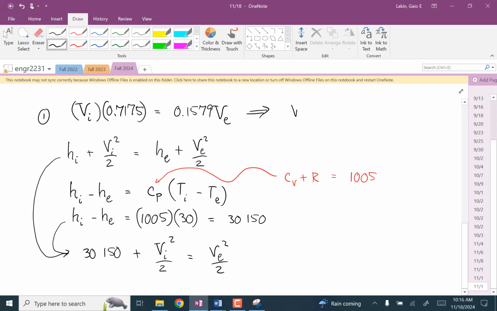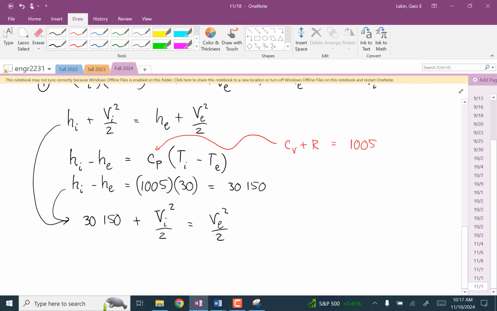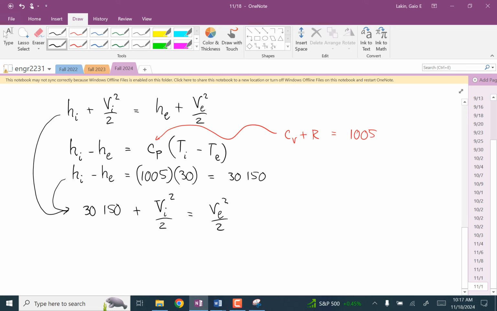So Ve, let's say, is equal to 4.544 Vi, and then you're set.